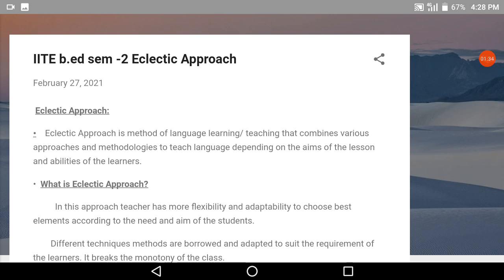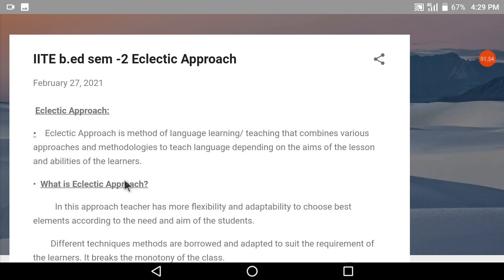At the last of functional approaches, we have the eclectic method. Why? Because the eclectic method can be easily understood by the learner when the person has the idea about all the methods and all the approaches.